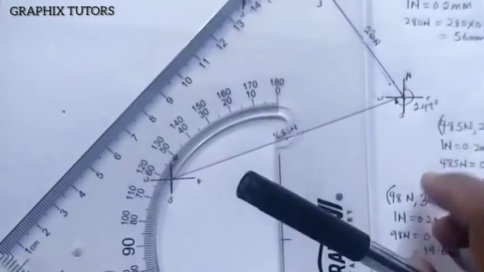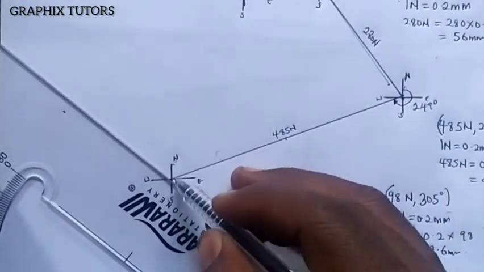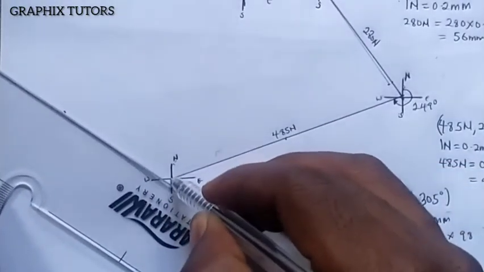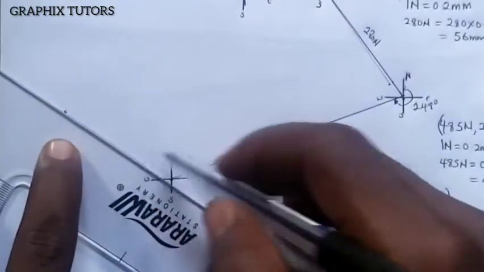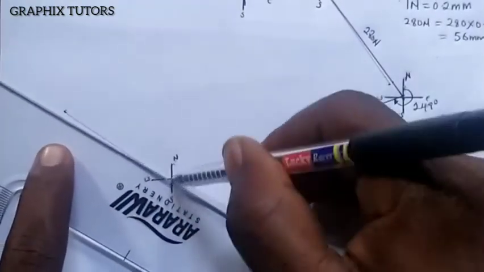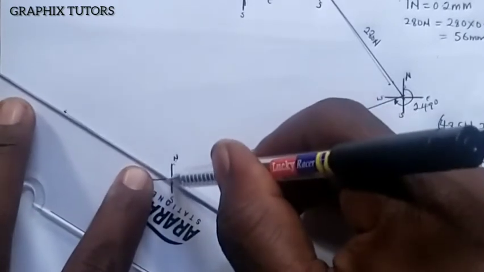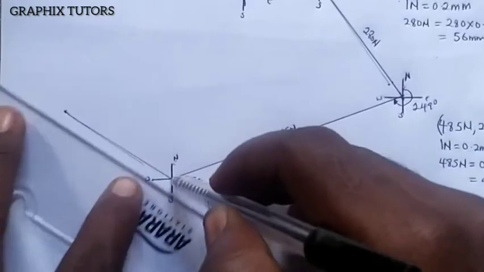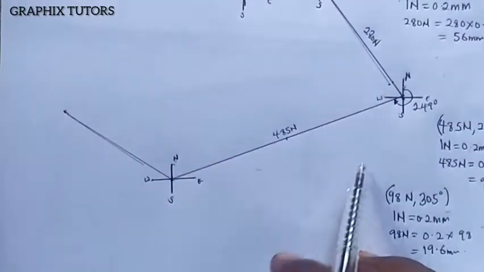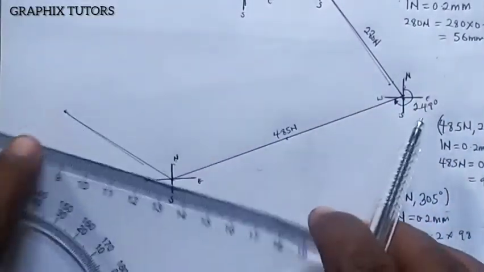19.6. So with the center here, and now I'm going from this point to this point. I'll use my faint line by pencil first, from this point to this point. So I'll use my pencil from here to this point, right? I'll measure 19.6 there. This is approximately 20.